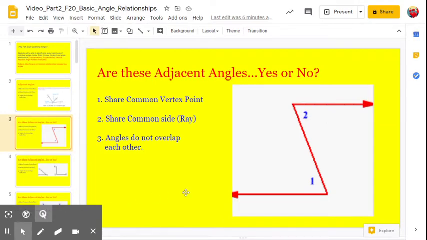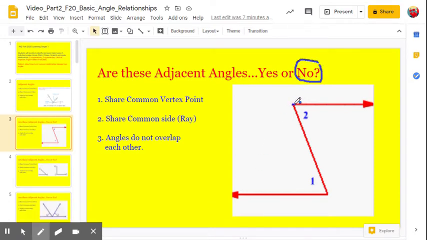Do angle 1 and angle 2 in this example represent adjacent angles? Yes, if it meets all three requirements. If it's no, can you tell me which requirement or requirements it does not meet? Well, on this one, you should have got no, because here's the vertex for angle 2, here's the vertex for angle 1, it's already no good.